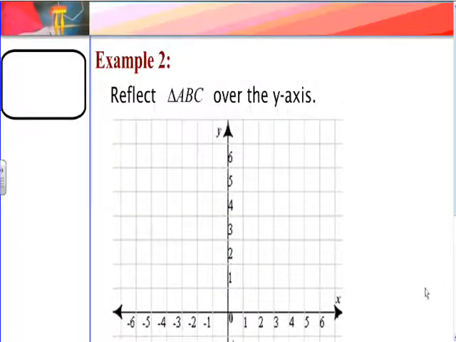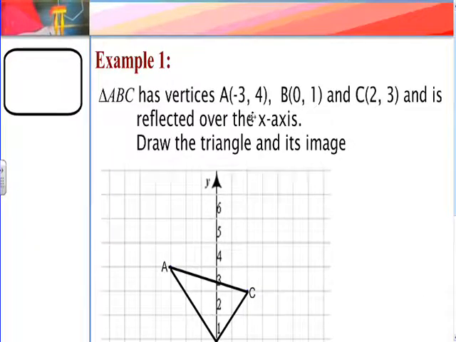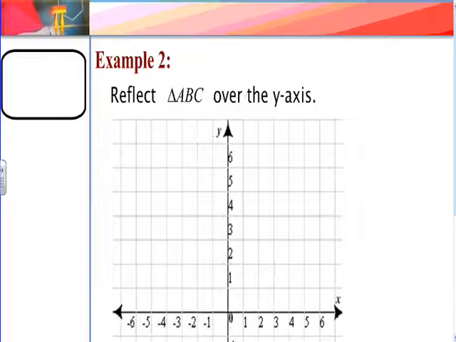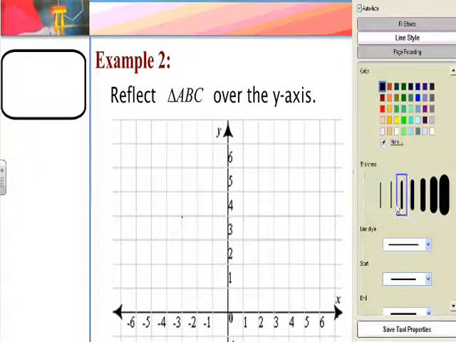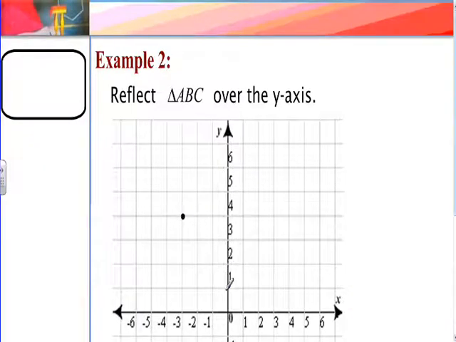Okay. So let's reflect that same triangle over the y-axis. So remember what our points were: (-3, 4), (0, 1), and (2, 3). So let's start by plotting those points. Let's make that bigger. (-3, 4), (0, 1), and (2, 3).